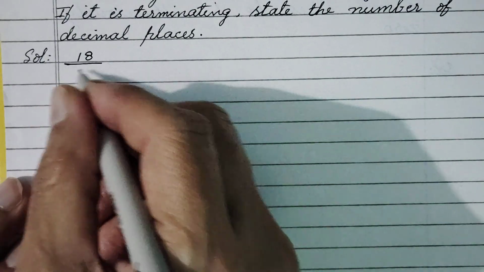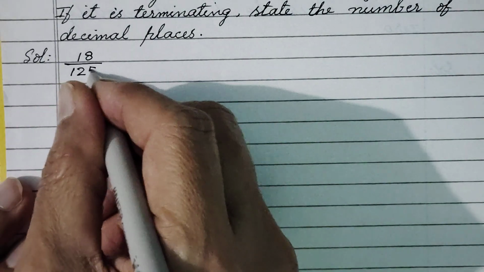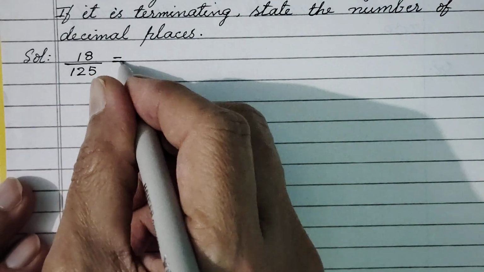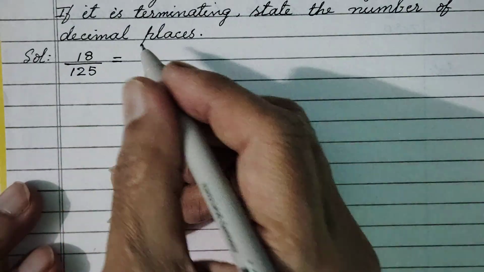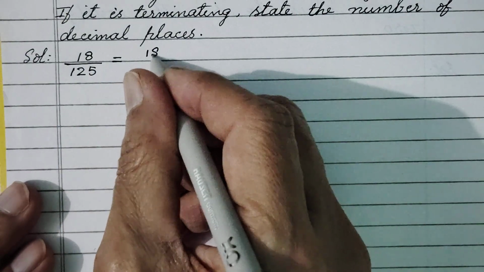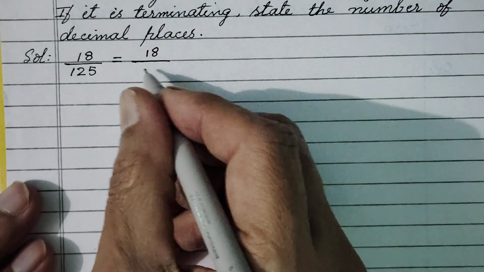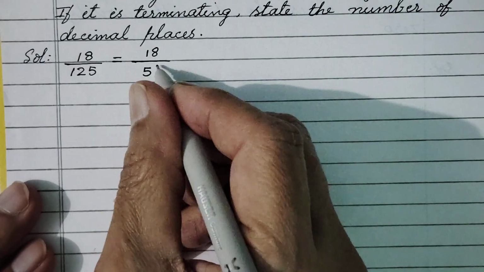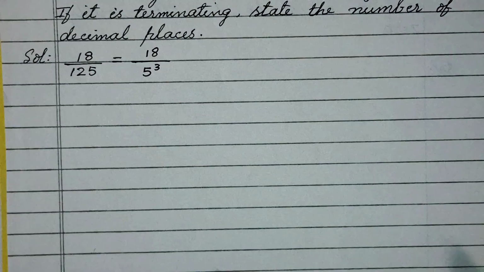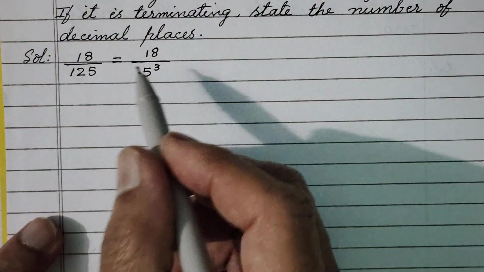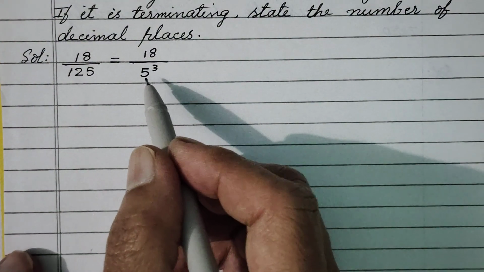18 by 125. So what we will do, we will find the prime factors of 125. So the prime factors of 125 are 5 cube. That means the prime factors of 125 are 5 into 5 into 5, 5 cube.